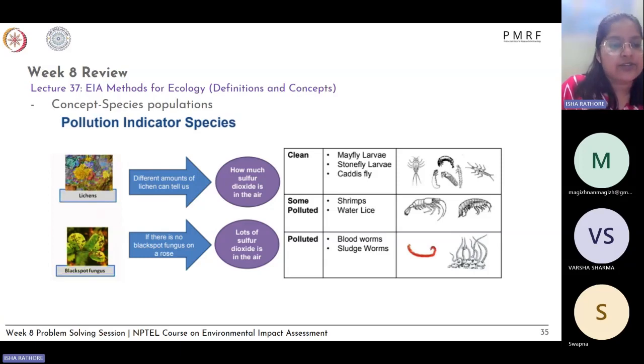So different kinds of lichens and fungus. They are indicators of the environmental pollutants which are present in the air. So presence of, for example, lichens are indicators of sulfur dioxide in the air. Black spot fungus is also an indicator of sulfur dioxide in the air. And other similar kinds of species. So these are pollution indicator species.